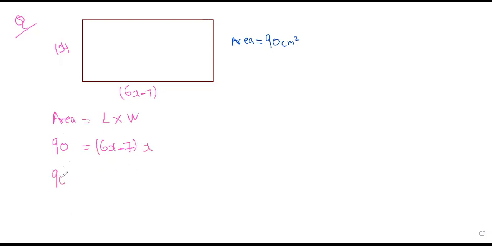So 90 would come as it is. 6x would be multiplied with this x and we will get 6x squared minus 7x. And now I can just simplify this and I am going to get a typical quadratic equation, which would look something of this type. 6x squared minus 7x minus 90 equals 0.